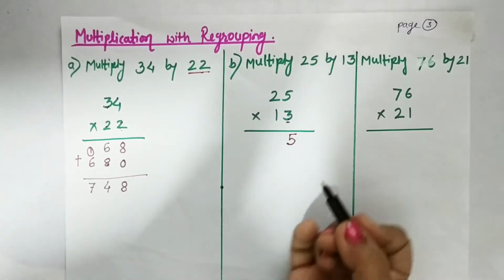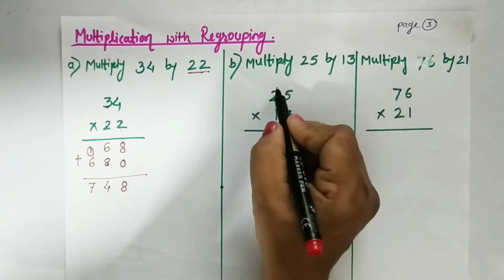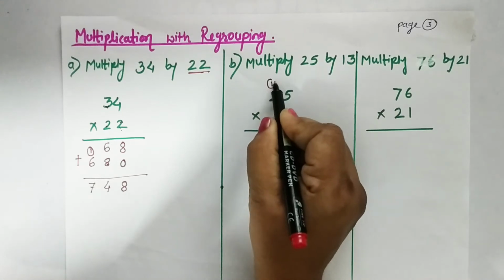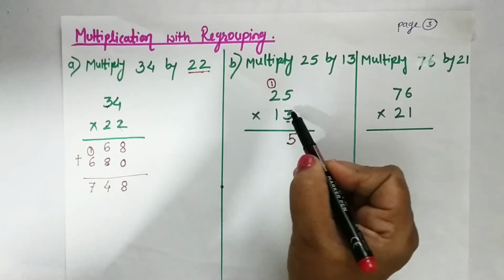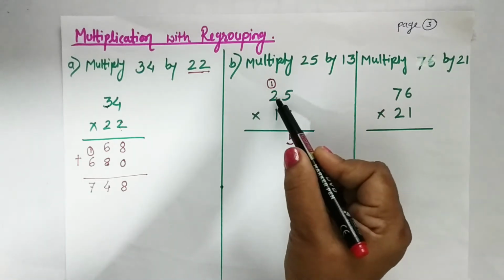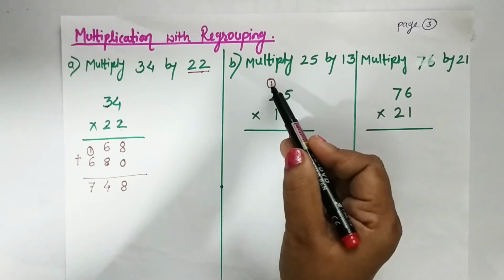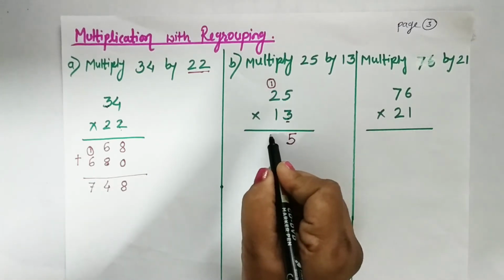We cannot write 15 over here, so we write 5 over here and give 1 to the tens place. Now we are on the tens place. 3 into 2, 6. And one number is there on the top, so 6 plus 1, 7.